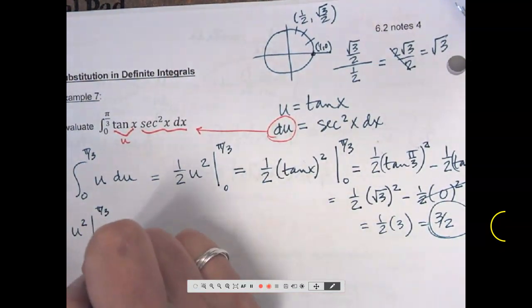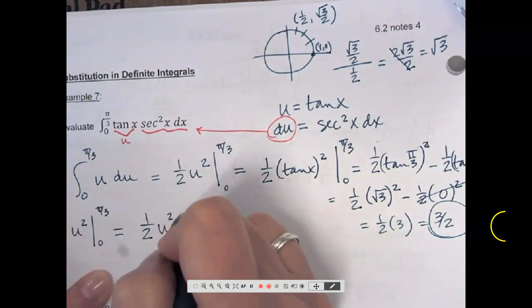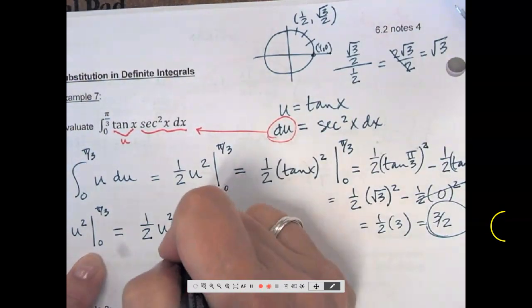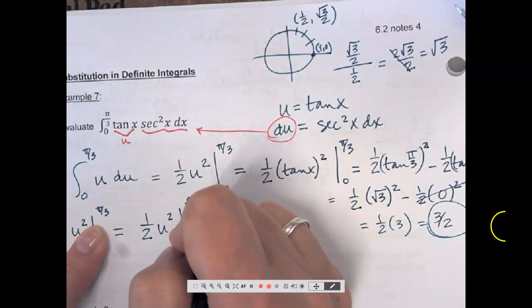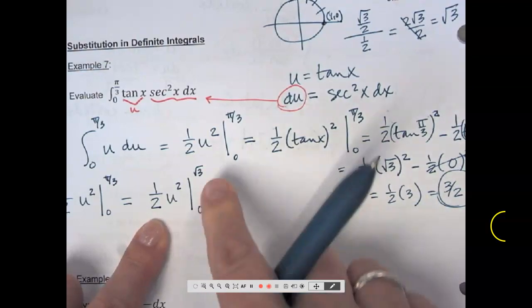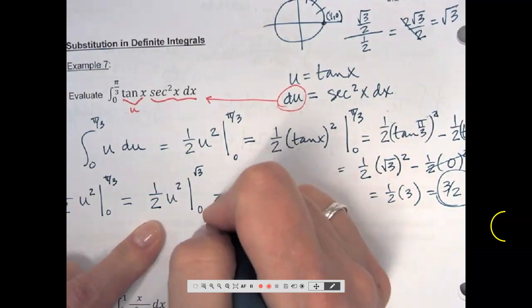So this would be equal to 1/2 u squared from, what is tangent of 0? 0. What is tangent of pi over 3? Square root of 3. So I've already subbed it into tangent. Don't do it again. Now I'm just plugging in these numbers, and it'll work out the same way.